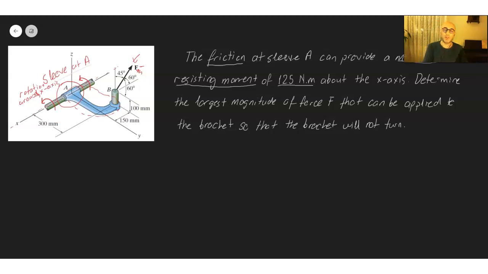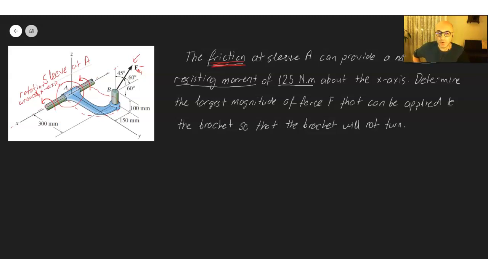We don't want that rotation happening, and what's preventing that rotation is the friction. But there is a limit, of course. There is a maximum resisting moment that this friction can provide, which is 125 Newton meters for this particular sleeve at A.